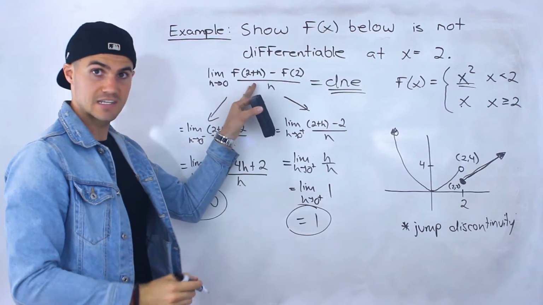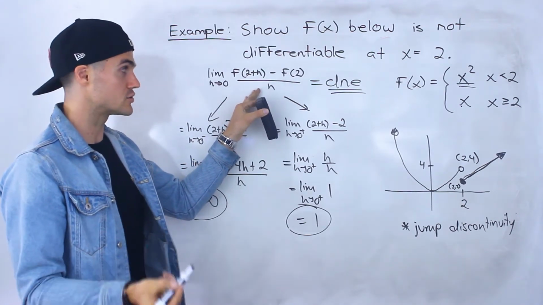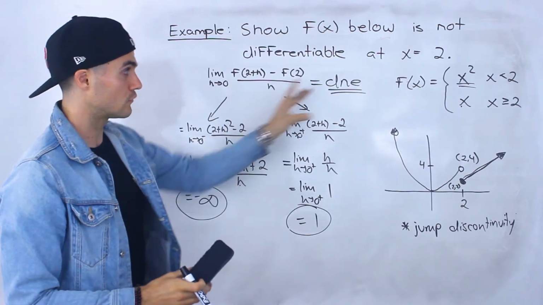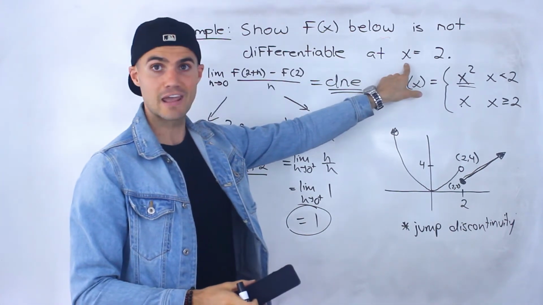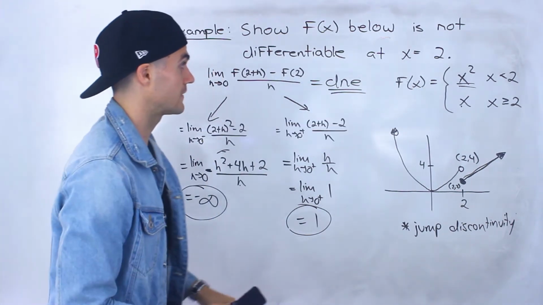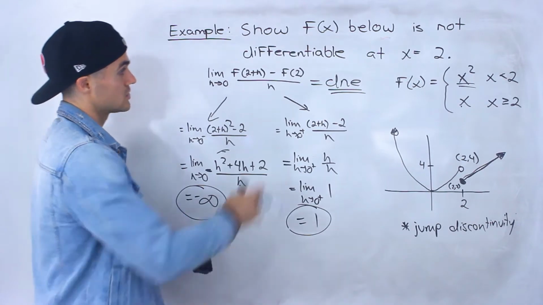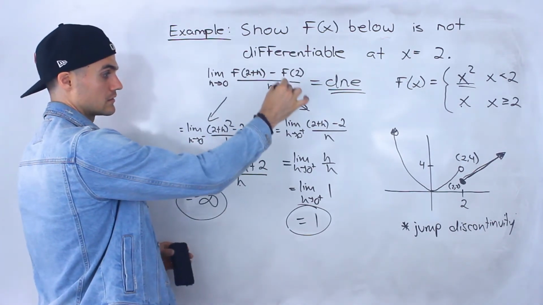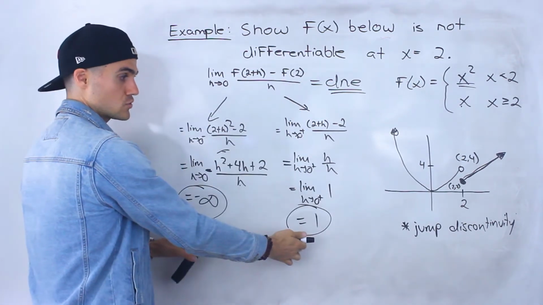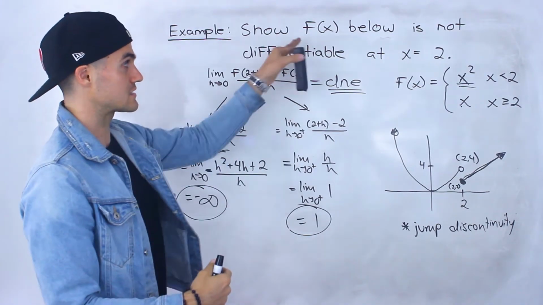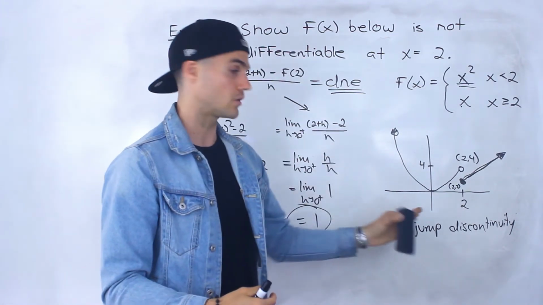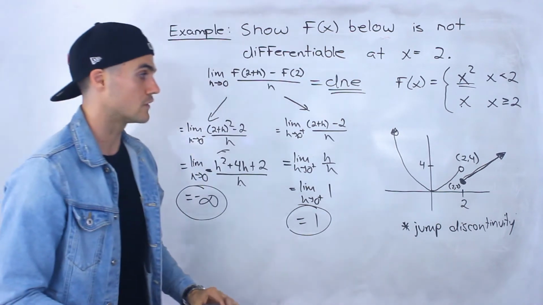Remember, this limit is the definition of the derivative for this function at that a value of 2, at that specific x value we're looking at. So because this limit doesn't exist, as we showed with these two one-sided limits, it means that this function is not differentiable at that x value of 2.